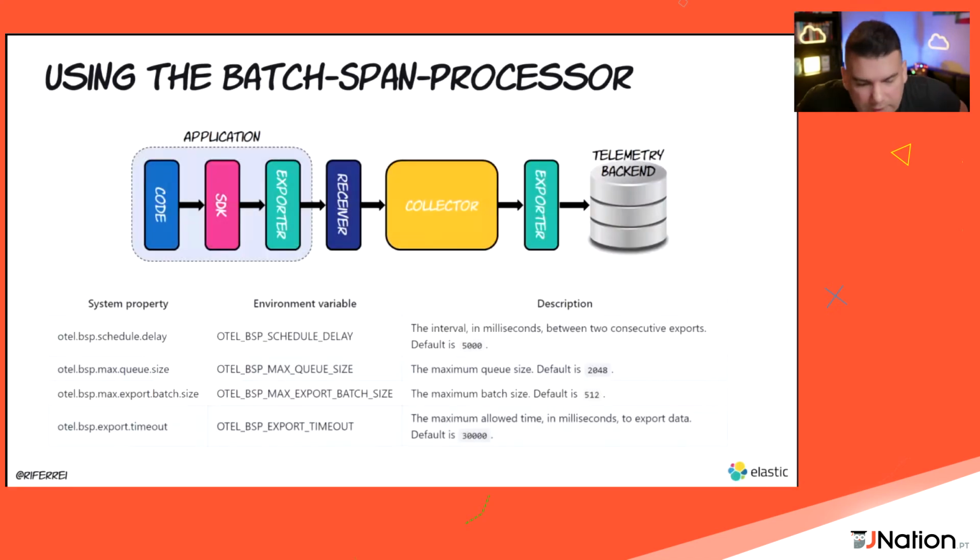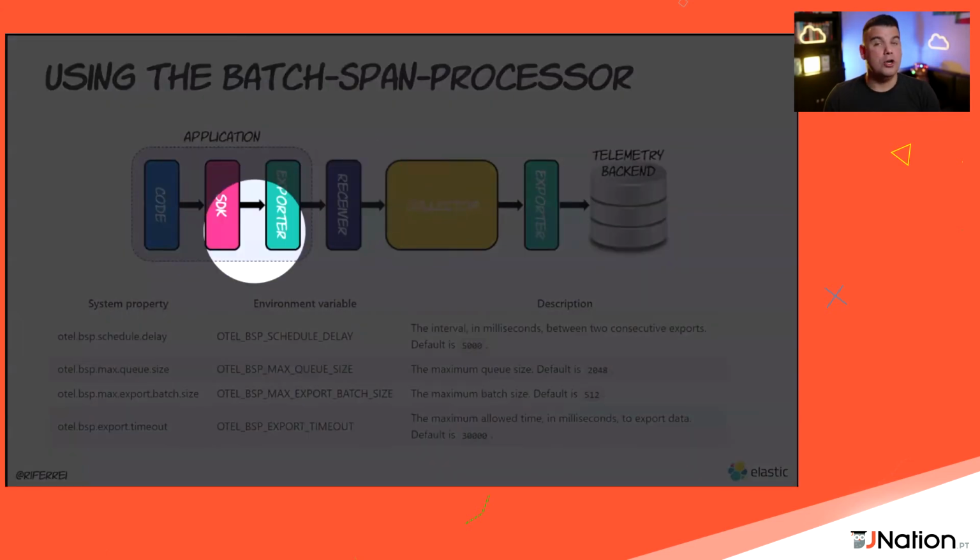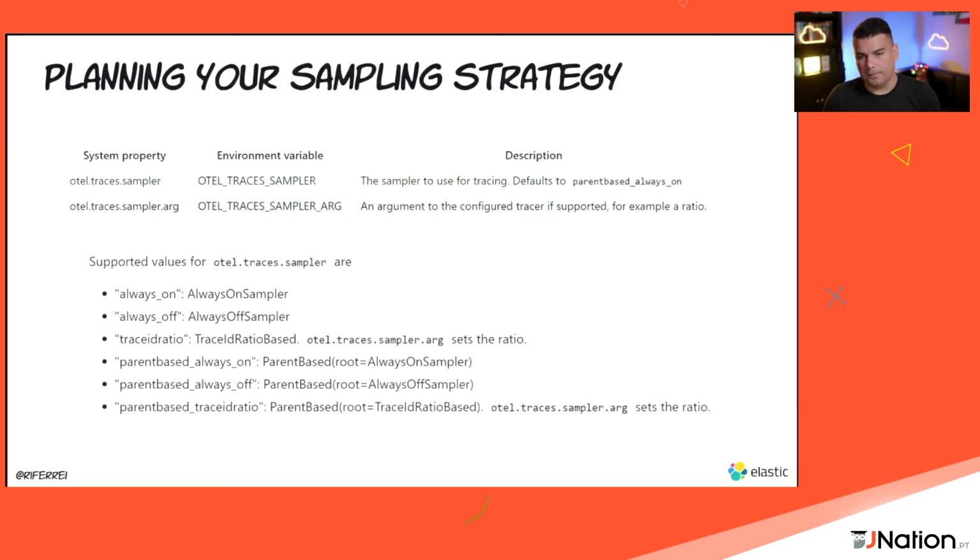Most of the time you are simply using the BSP, but you are not aware that you can configure the size of the buffer and the delay you wait until you flush spans to the network connection. So there's a bunch of knobs that you can turn to improve efficiency. And you can use this either if you're using a collector or if you are not using the collector, which is the case of the demo that I've shown before.